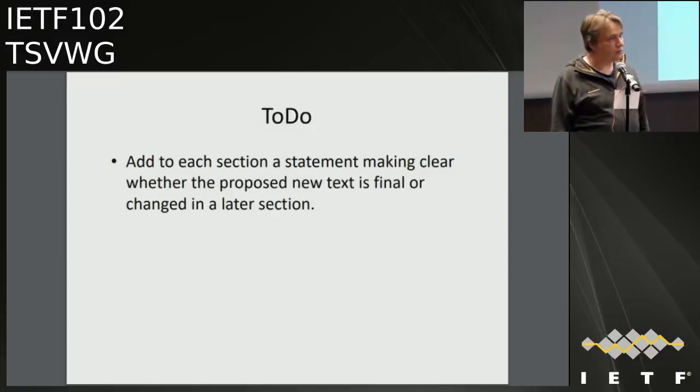So what happens is there is text which is touched multiple times. The suggestion was to add for each section a sentence saying the text changes here are final, they are not changed in sections following this one, or this text is changed again in this section. That's not in it right now, so that will be added for the next revision, and then the document is with Spencer. Thank you ever so much.